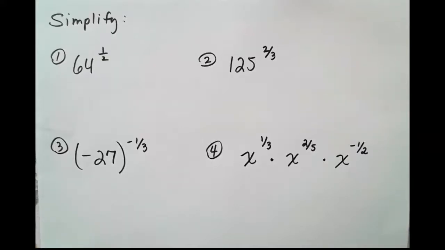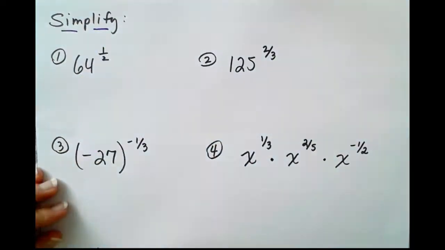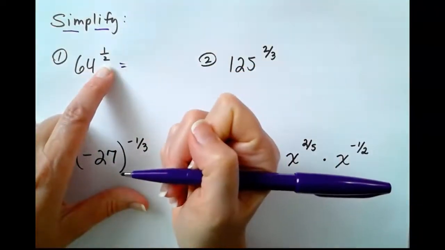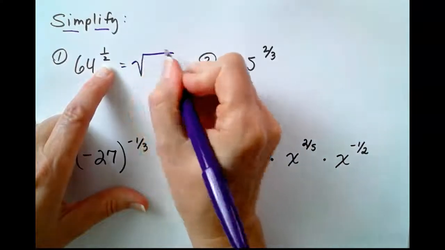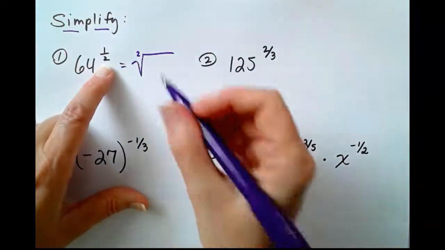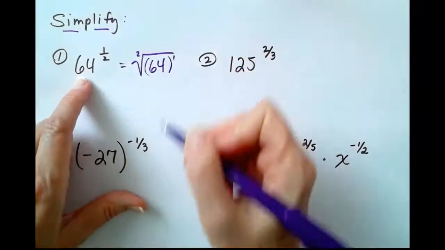So 64 to the 1/2 power. So here we have the fractional exponents, and sometimes it may be useful to go back to a radical when we're asked to simplify. If the denominator of the fractional exponent is the index of the radical, what we're looking at here is the square root of 64 to the 1st power.